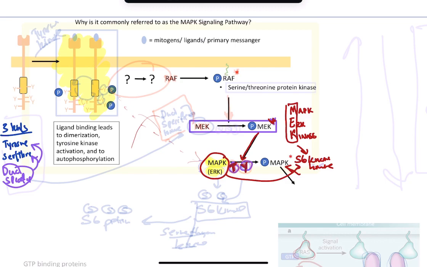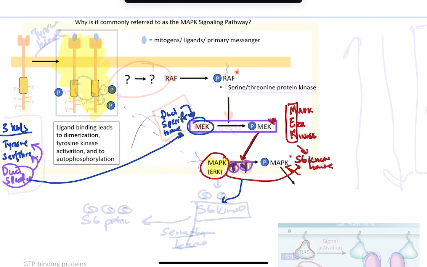And we also know that because of these threonine and tyrosine residues, this MEK must be a dual specific kinase. Oh my gosh, that's why you were talking about that in the beginning. That's why nomenclature matters.